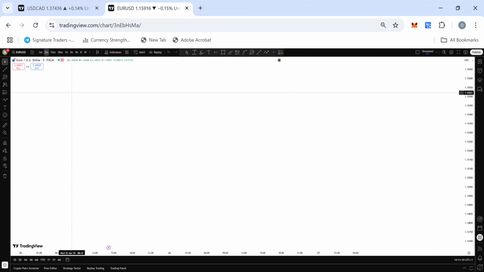Now, there are only three ways in which you can actually identify liquidities in the market. This is modern liquidity, which is number one. We have transactional liquidity. Let me just write three of them down.